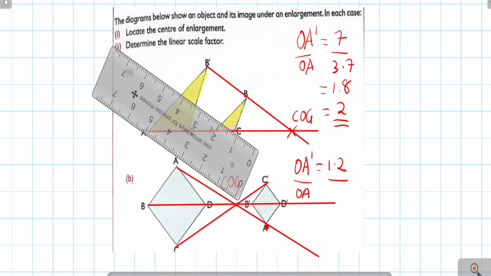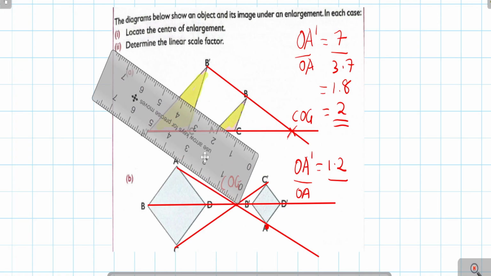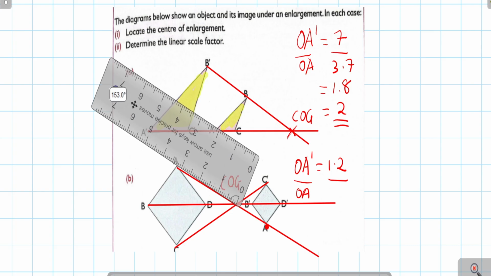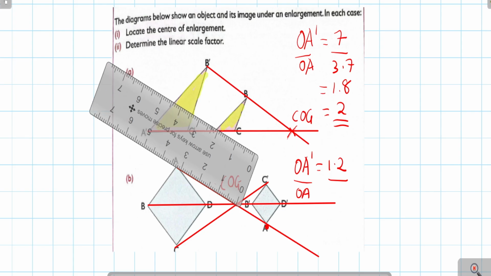So OA itakuwa ni ngapi? It is around 3.2, or 3.3. So divide by 3.2.